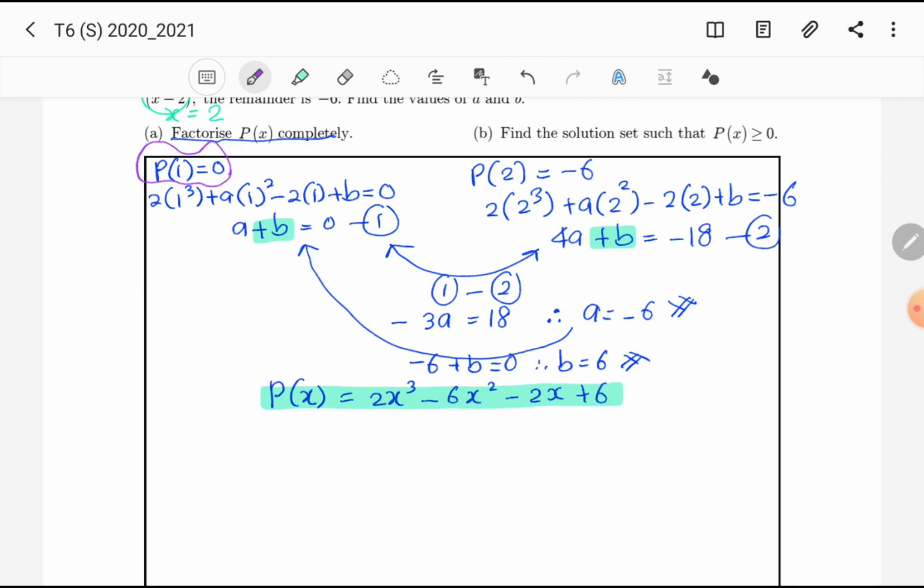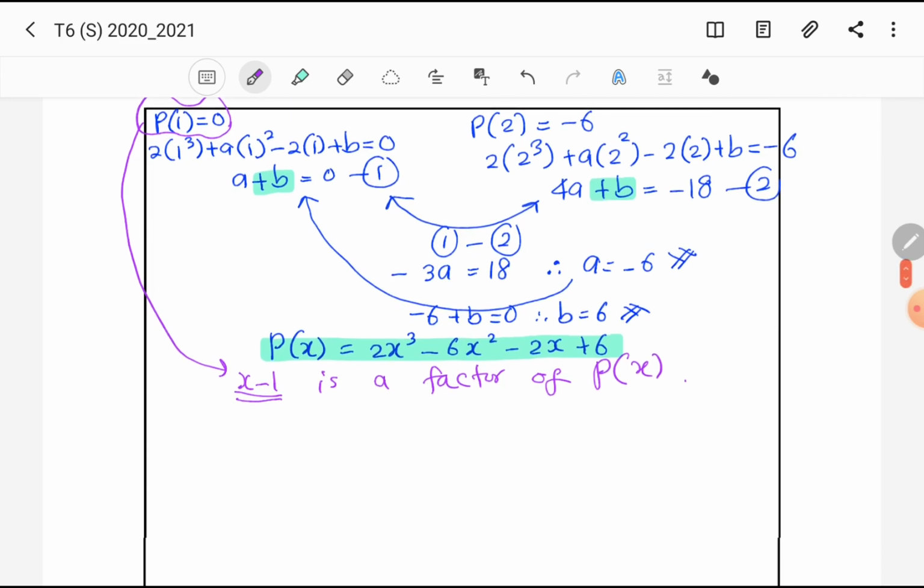P of 1 is 0. Meaning that, x minus 1 is a factor of Px. Automatic. Bila remainder 0, automatic divisor tu dia punya factor. Okey, dah ada dah 1. Kita kena cari 2 lagi.